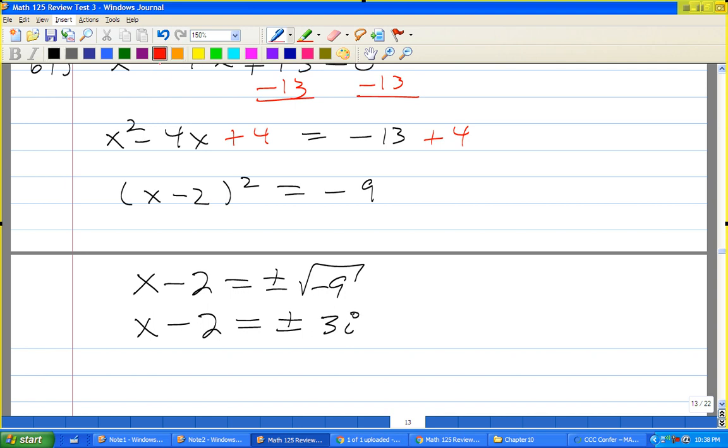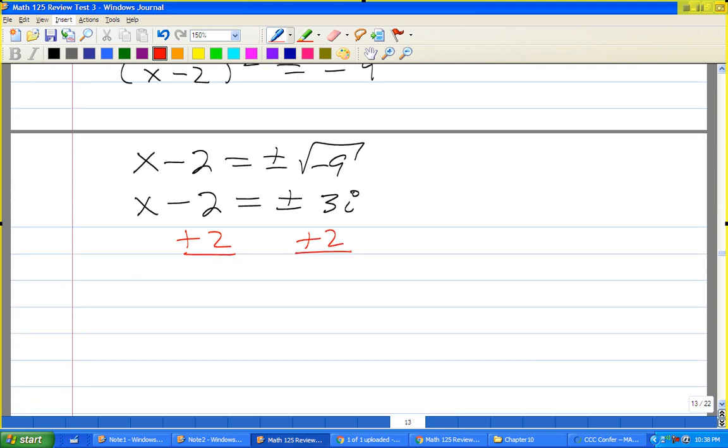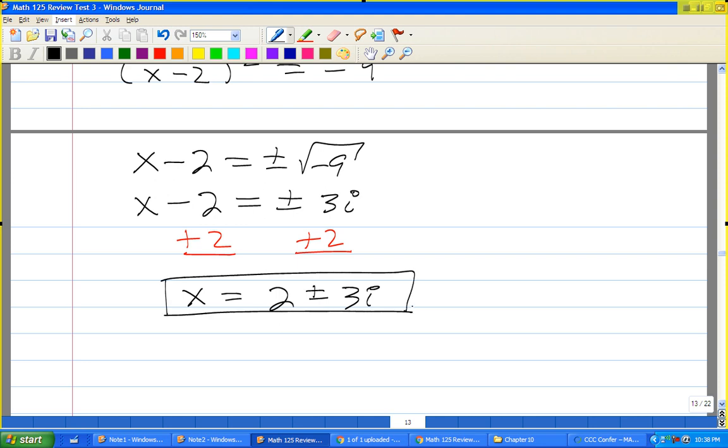Let me add 2 to both sides of my equation. And so I get that x is equal to 2 plus or minus 3i. And that's your answer.